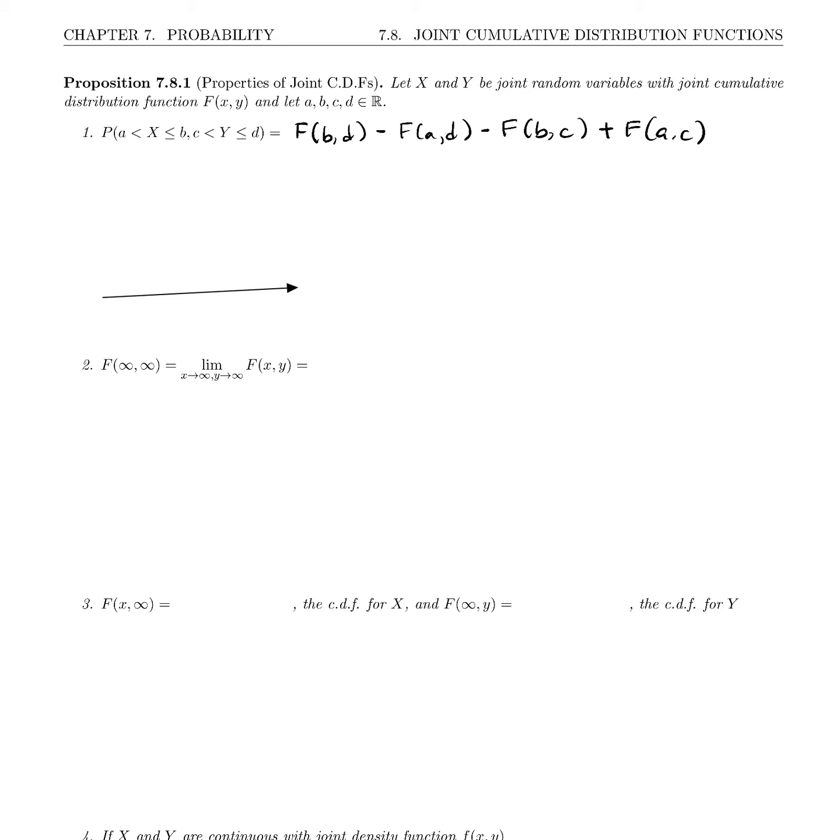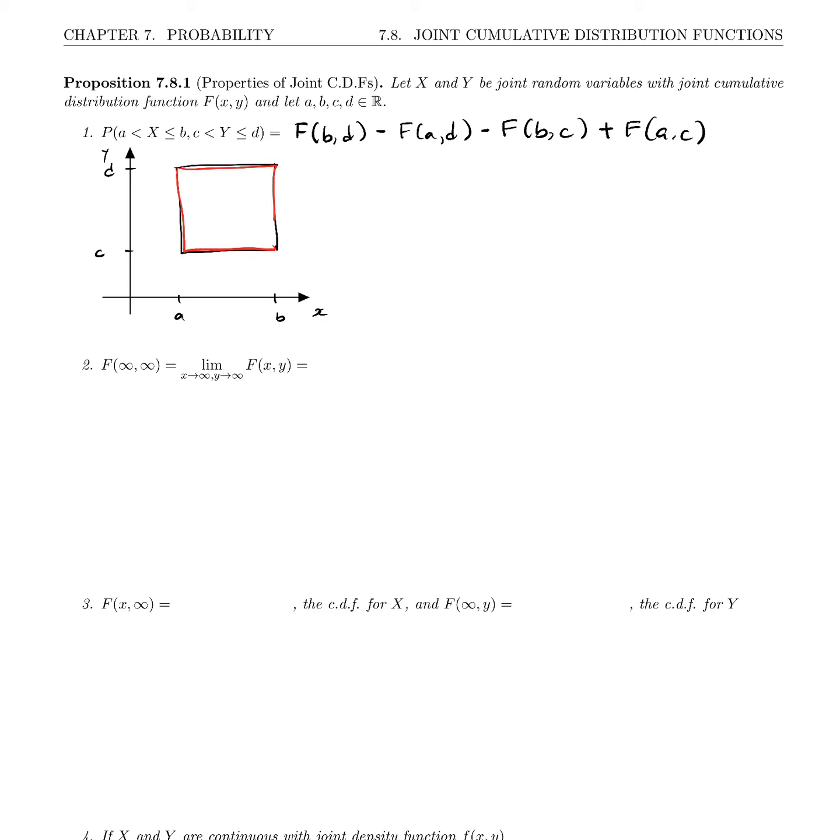To understand that, let's draw ourselves a little situation in the plane. If we want the probability here, then we're talking about the probability associated with a rectangle. So let's draw in a rectangle from A to B on the x-axis and from C to D on the y-axis. What we really want is the probability associated with this rectangle.